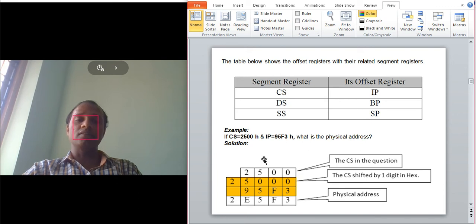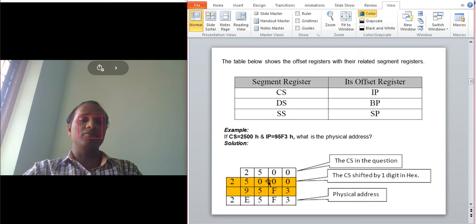In order to calculate the physical address of code segment memory, I am taking CS equals 2500 and IP equals 95F3H. First I take the code segment register value and multiply it by 10, or you can shift this value by 4 times towards the left, then also you will get this value.